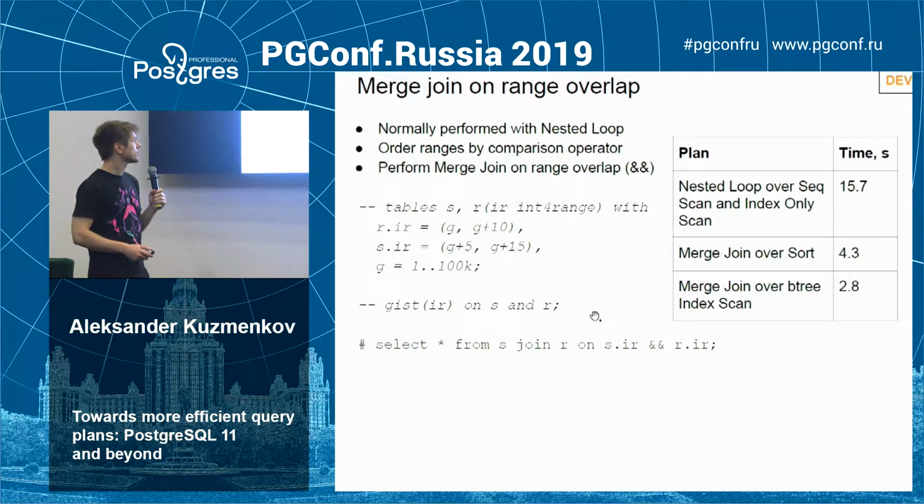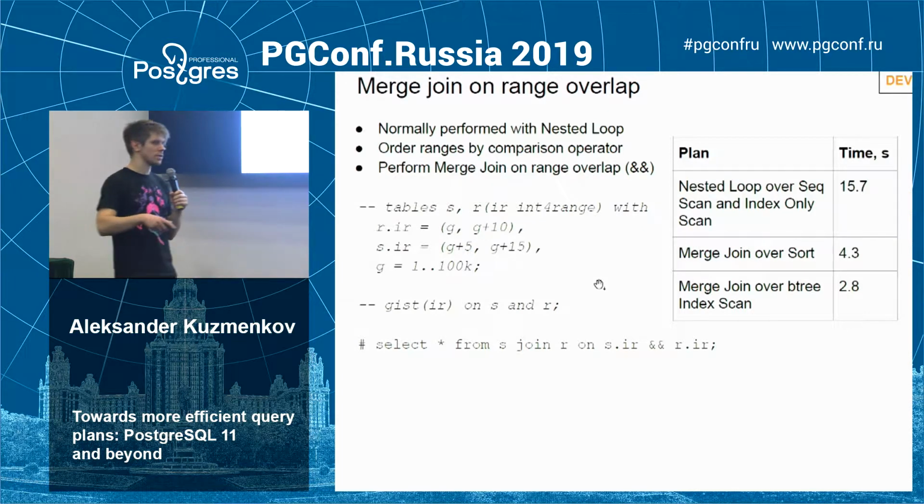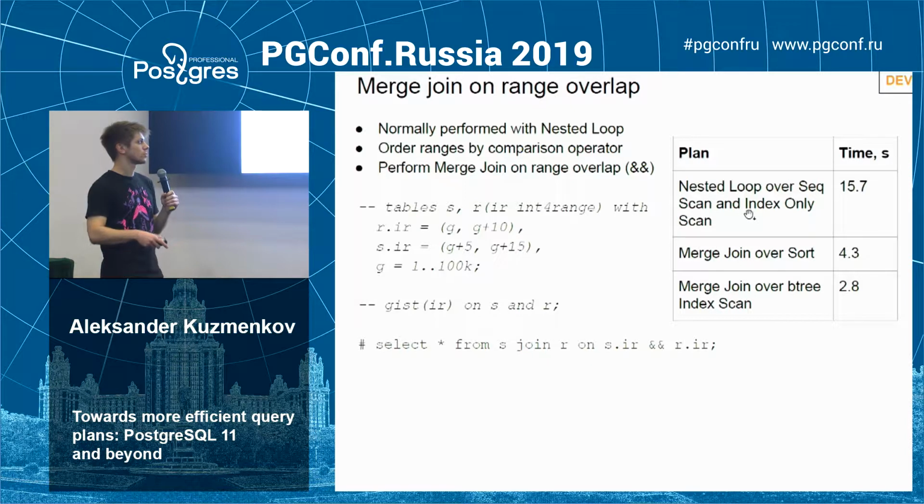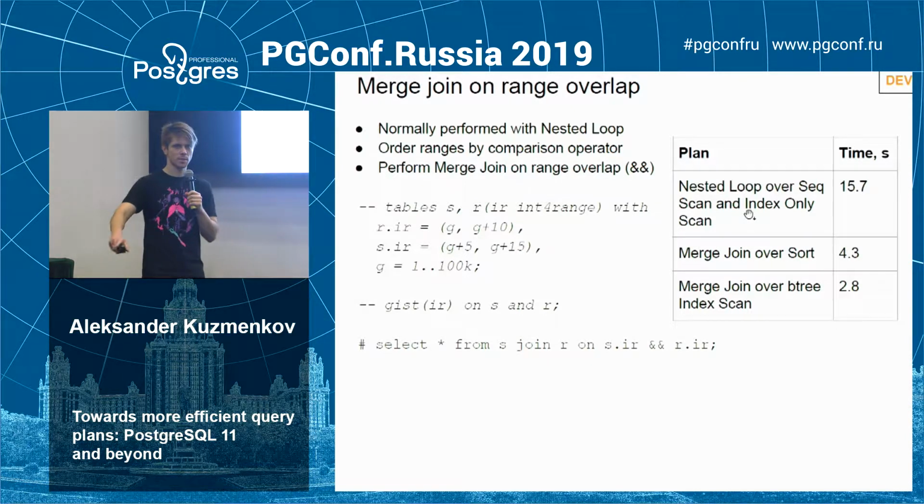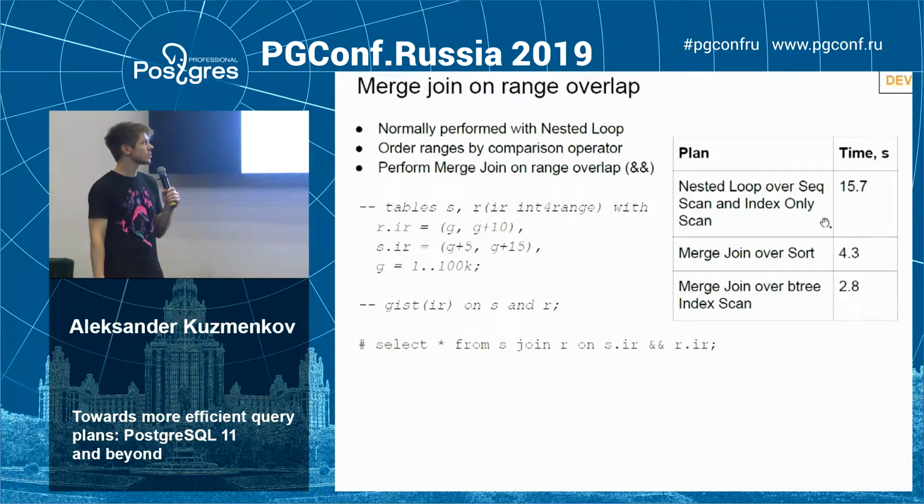Maybe the easiest option is to have a GiST index to calculate it very fast. And on top of that, we have nested loop join. So for one table we have sequential scan, and for another we have scan with range overlap.